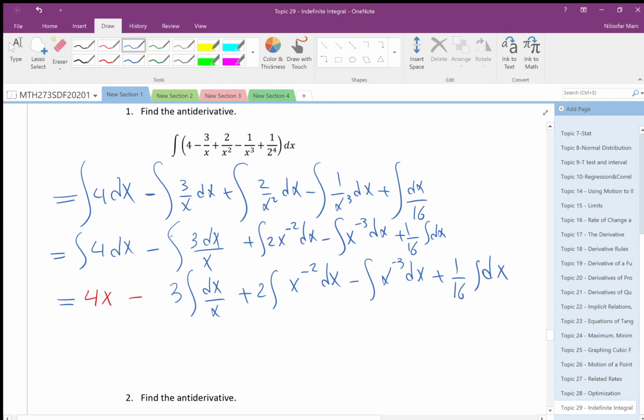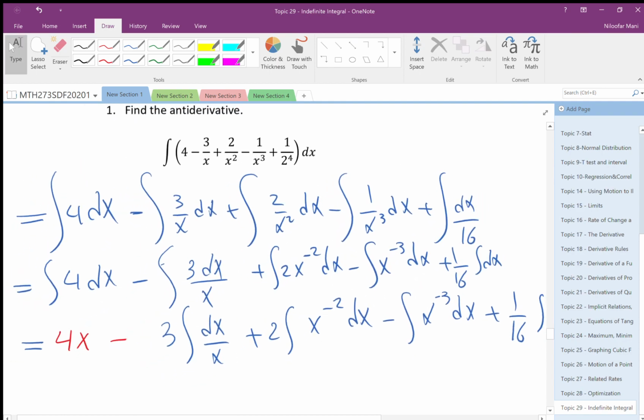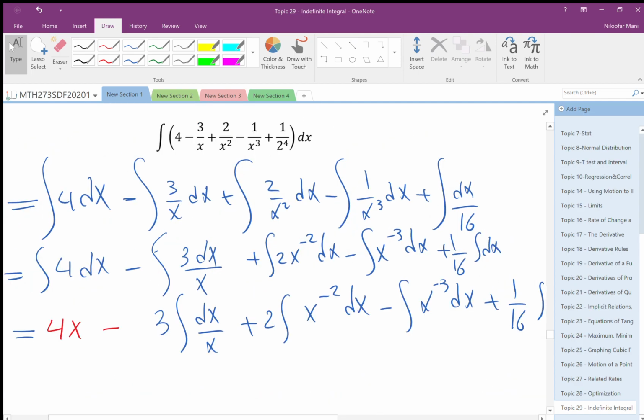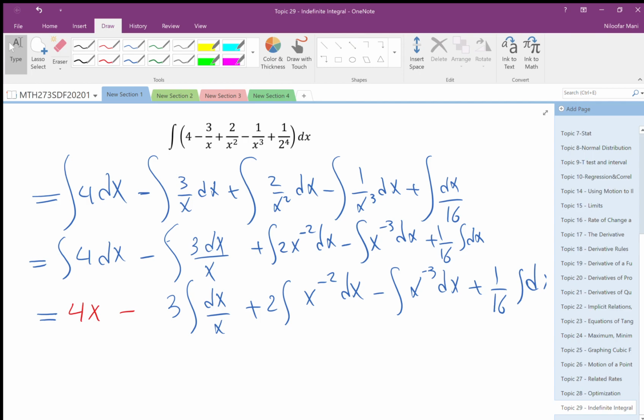Okay, what did I do here? I did it separately. Because I have addition and subtraction, I did integral of the first, integral of the second, and just continued. Then when I have a number beside, I can bring it out.